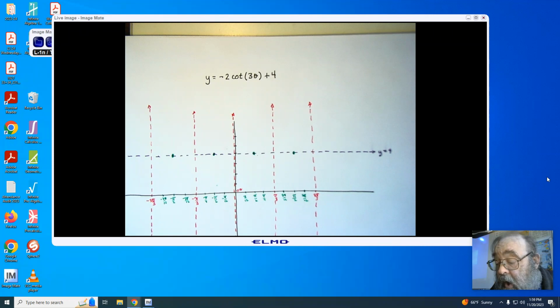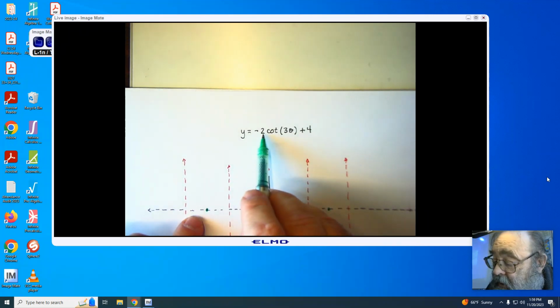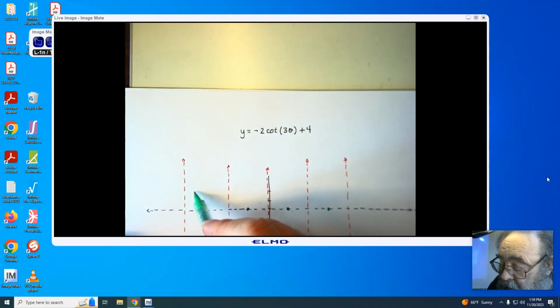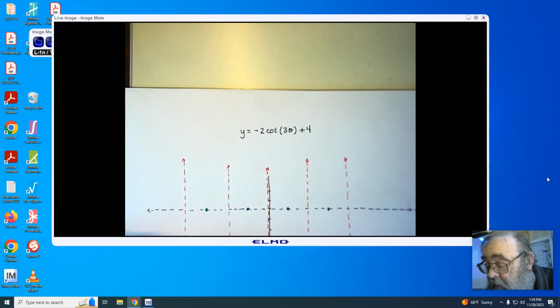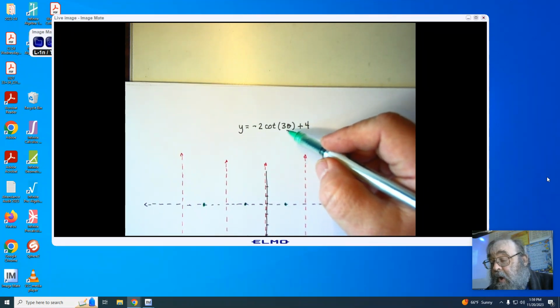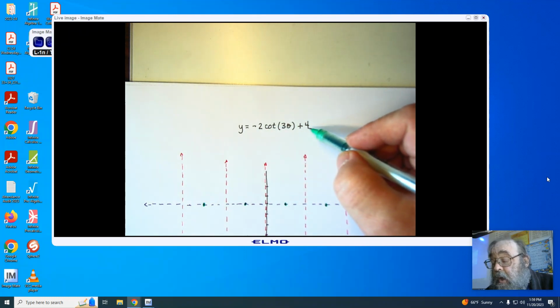I'm now ready to plot those points. We know we go up by 2. Once again, 2 plus the 4 makes 6. So right here, and let's just make sure that I do this correctly. So let's go. Pi over 12 gives me the cotangent of pi over 4, which will be a 1, times negative 2 is negative 2, plus 4 makes 2.